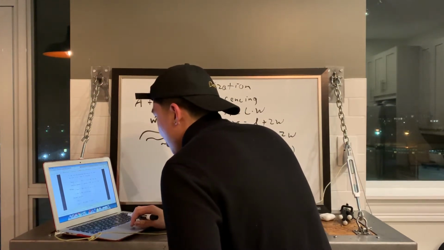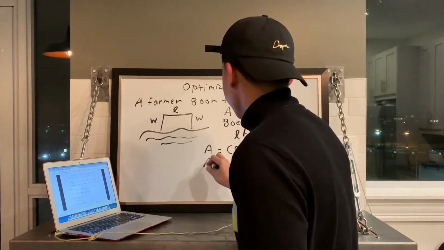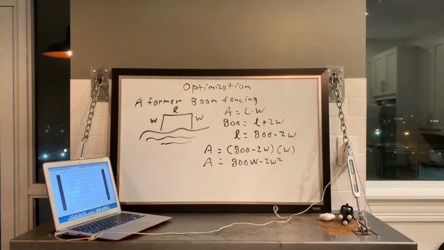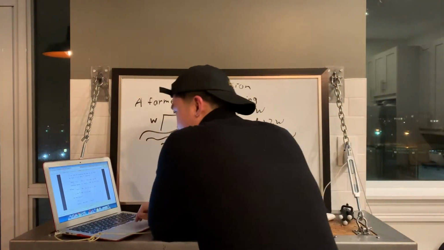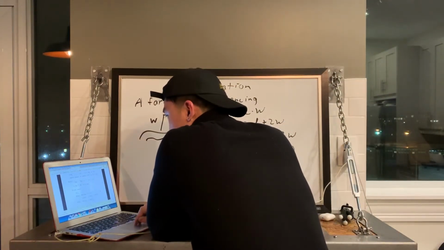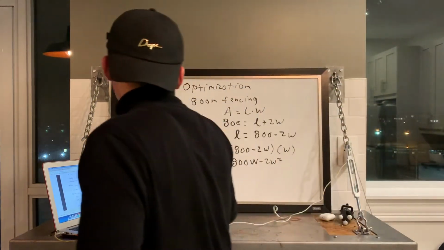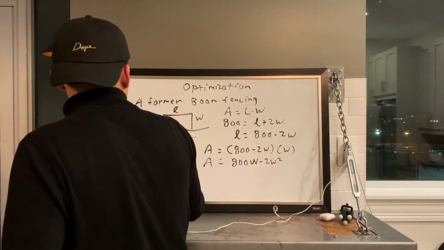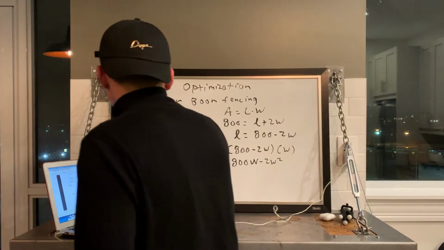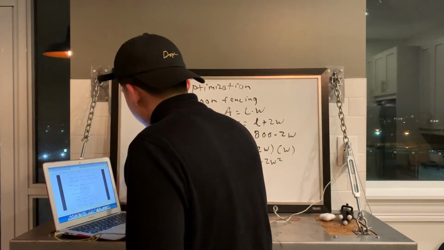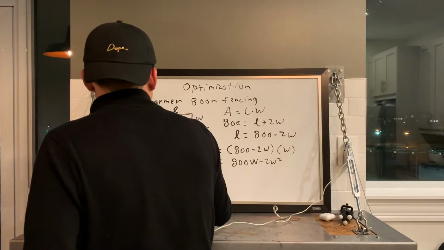Now, if we're trying to maximize, this is area. So I want to sub into the function I'm trying to maximize, which is area in this case. If I take the derivative of that, so now that we have W, the maximum amount that W can be, logically speaking, is that W has to be between 0 and 400.